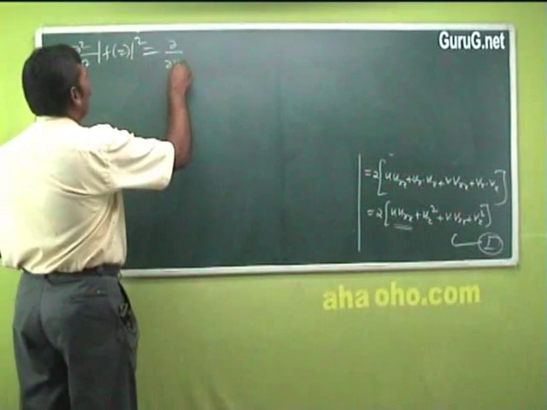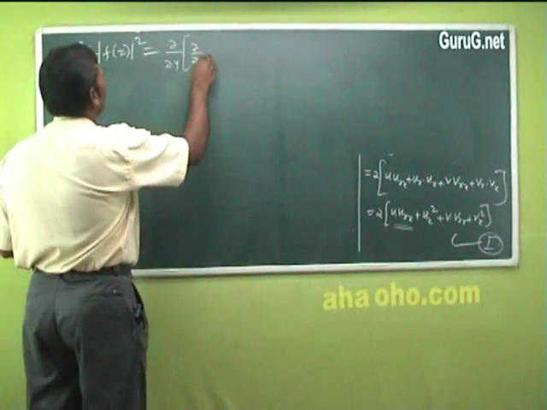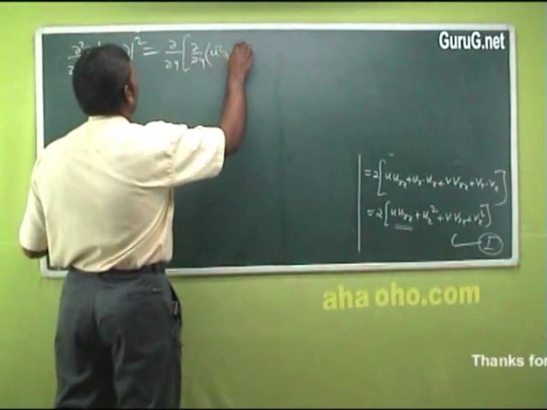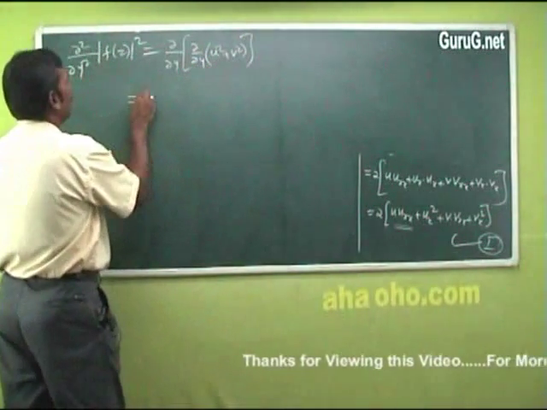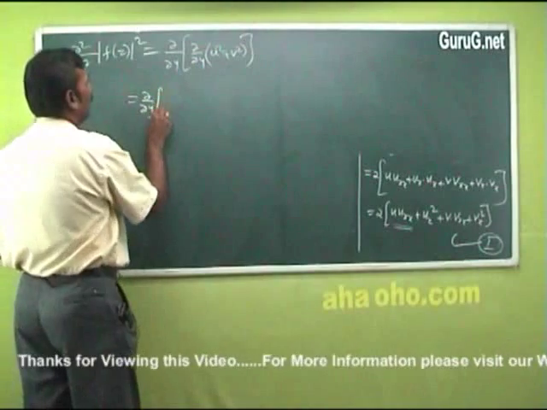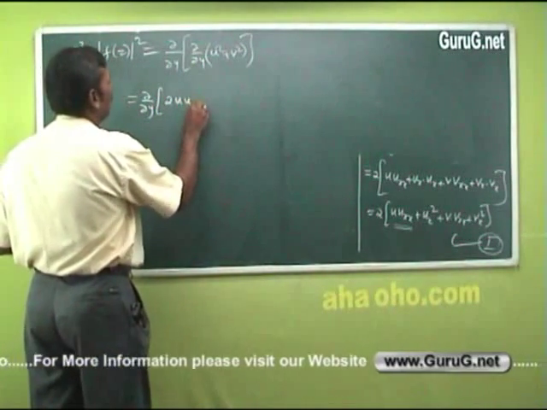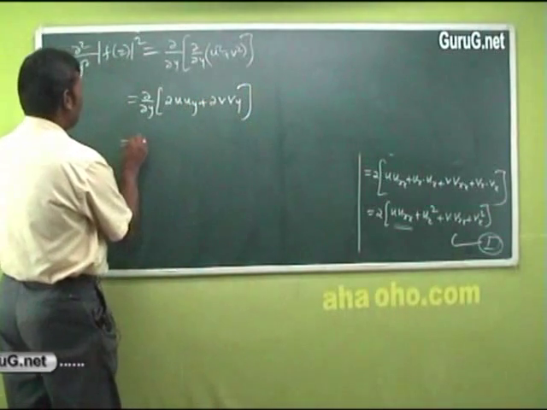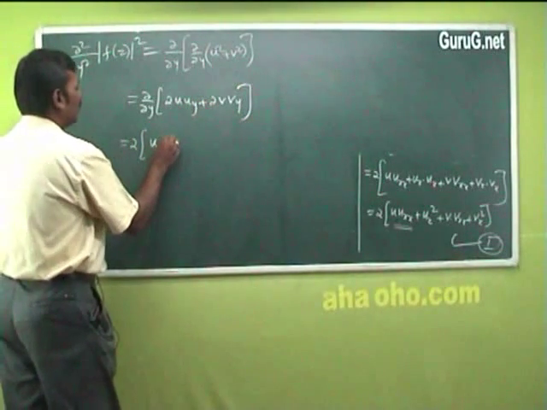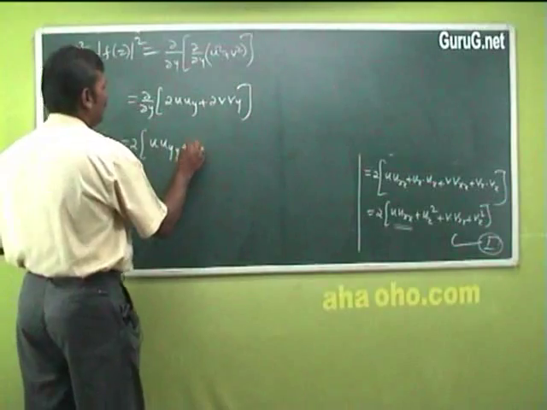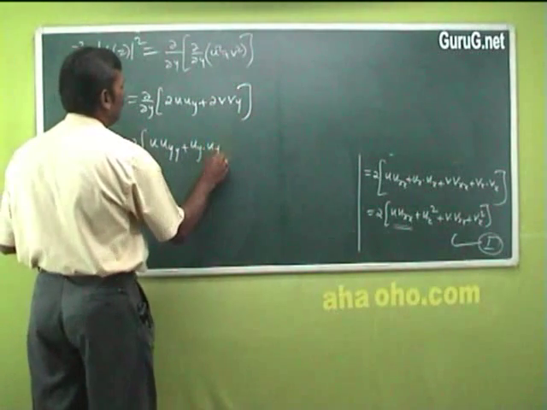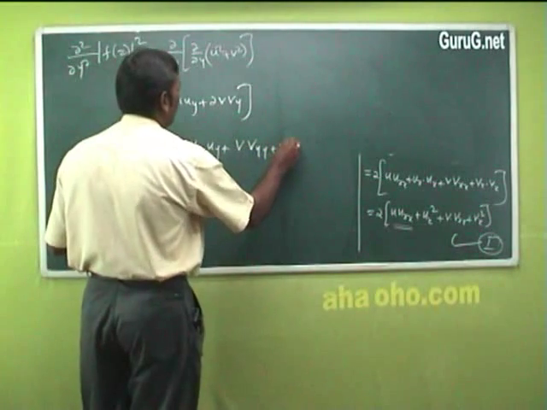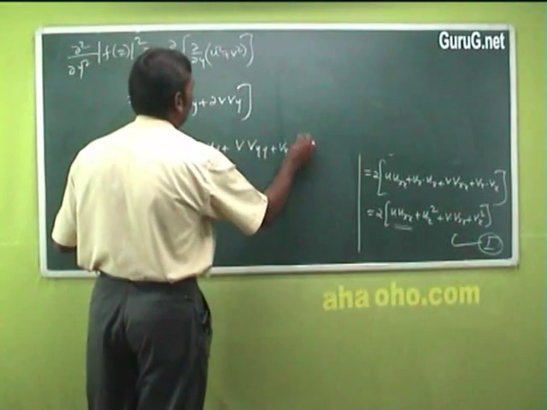Now dou squared by dou y square of modulus of f of z the whole square equals dou by dou y of u square plus v square. So differentiate with respect to y, 2u uy plus 2v vy. Again differentiate with respect to y, so 2 into u uyy plus uy into uy plus v vyy plus vy into vy, right?